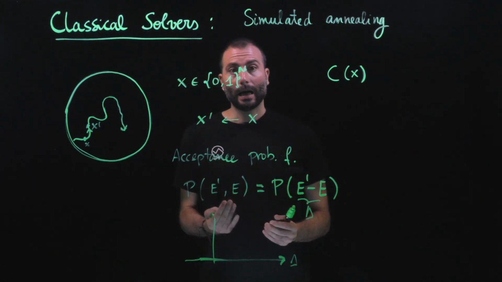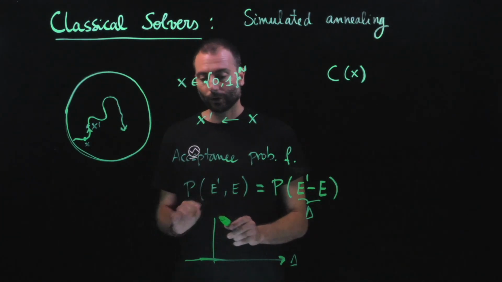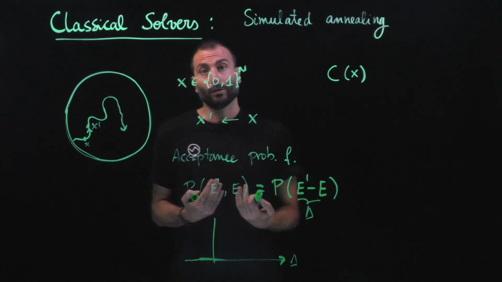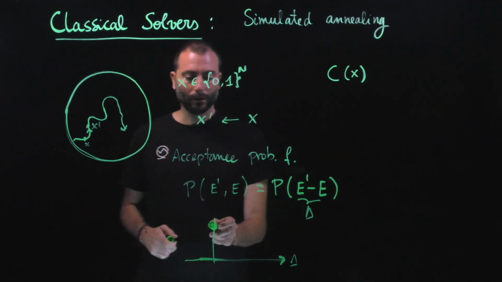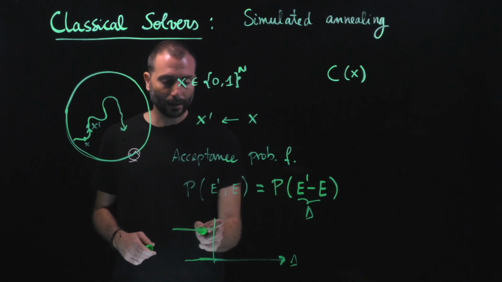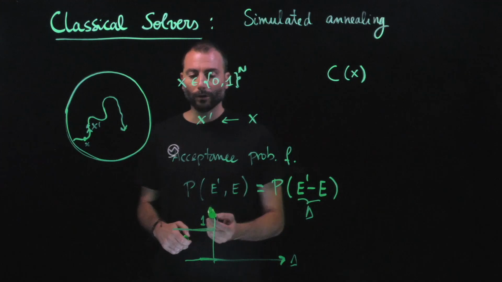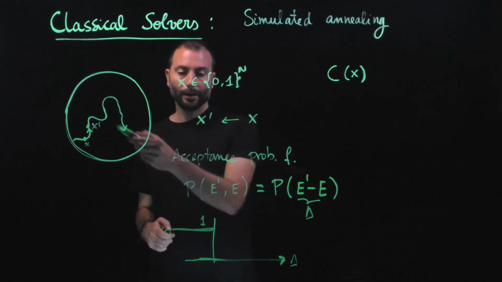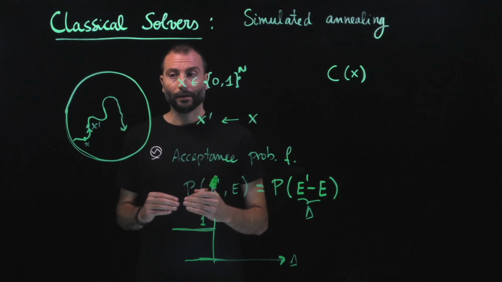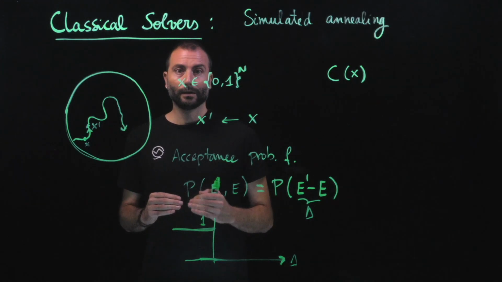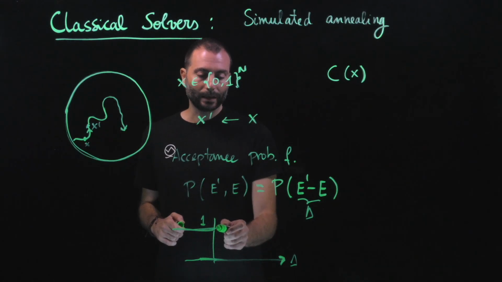If the new configuration has an energy which is lower than the energy where you were, then for sure you accept the change. Your goal is to minimize the energy, right? So you accept all the changes that accomplish this task, with probability 1. But in contrast, if the new configuration has an energy larger than the energy of the system where you were, then you don't immediately reject the change, but you give some probability of acceptance.